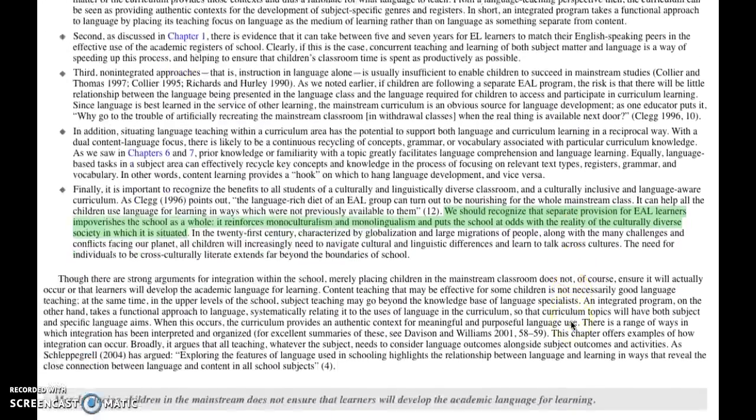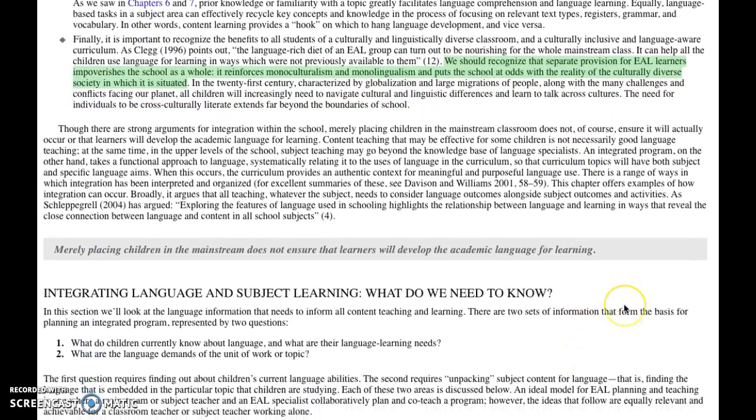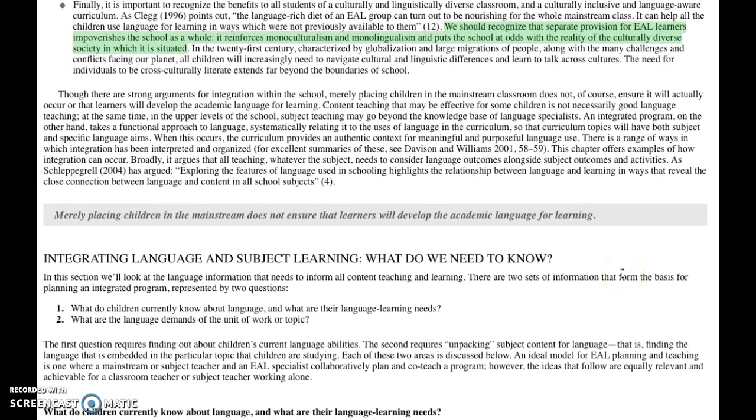So here, an important thing that I wanted to note, just for the sake of time, I'm not going to go through the entire chapter, but I would like to note that we should recognize that separate provision for EAL learners impoverishes the school as a whole. It reinforces monoculturalism and monolingualism and puts the school at odds with the reality of the culturally diverse society in which it is situated.